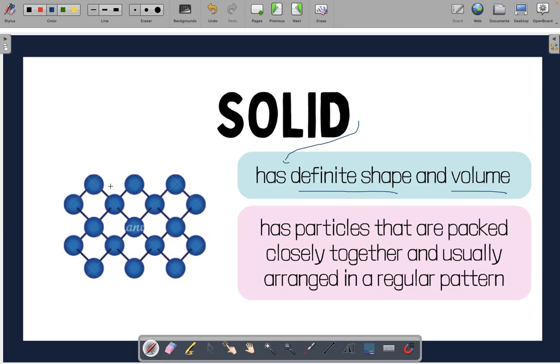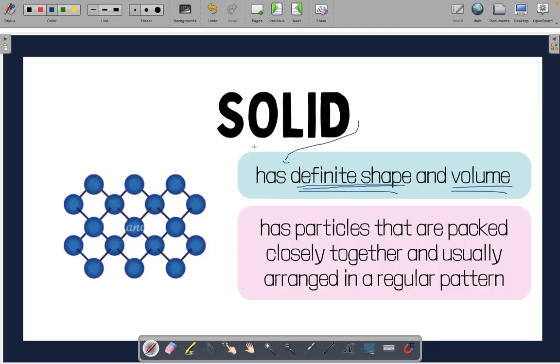So why do solids have a definite shape? Solids have a definite shape because the particles are very close to each other. And why do solids have a definite volume? They have a definite volume because the particles are arranged in a regular pattern, right? So both of these explain why solids have a definite shape and a definite volume.